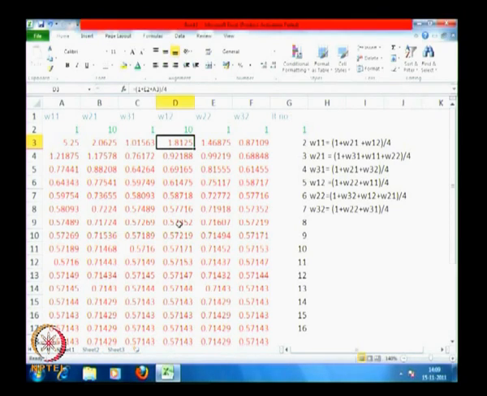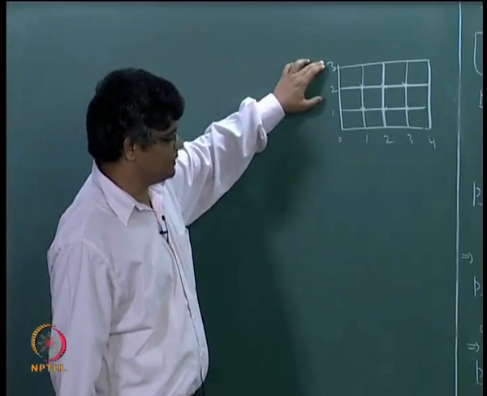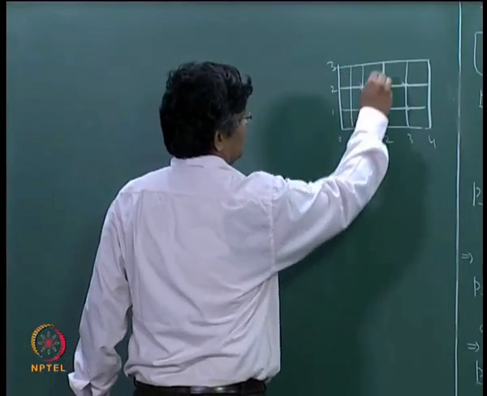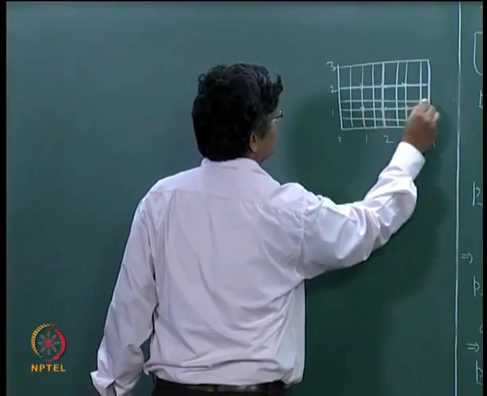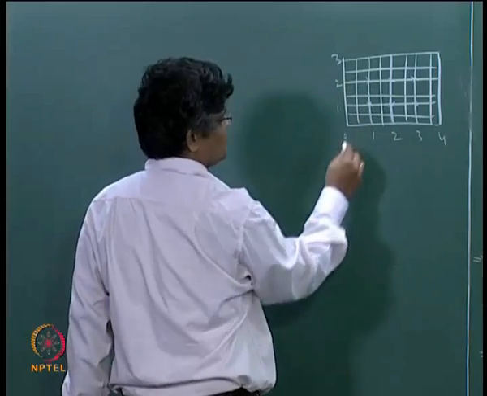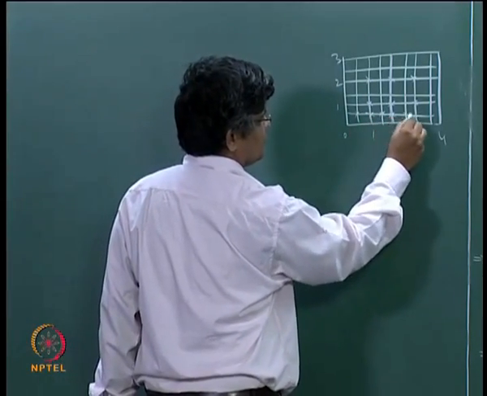Here we have 4 divisions in this direction and 3 divisions in this direction. We can make it bigger like this. There are more grid points in this direction, and obviously even these values become unknown.